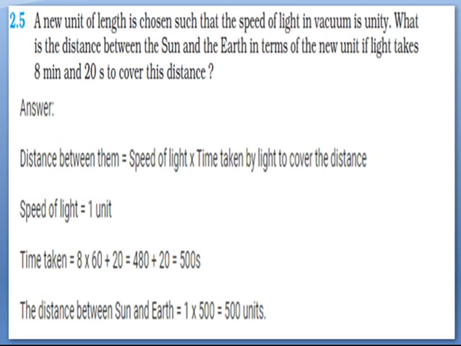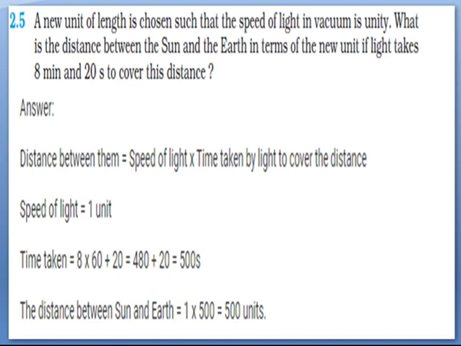Let us see question number 2.5. A new unit of length is chosen such that the speed of light in vacuum is unity. What is the distance between the sun and the earth in terms of the new unit, if light takes 8 minutes and 20 seconds to cover this distance?